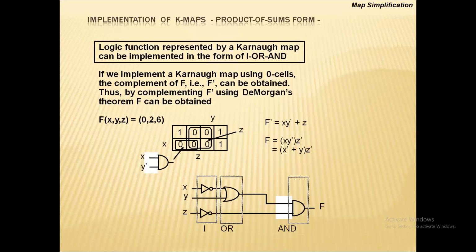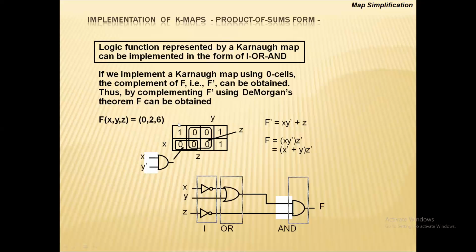But one thing you should remember, because we generally jump to conclusions: in a POS expression, 1 is actually the inverted value. So for 1, it is not X, it is actually X bar.